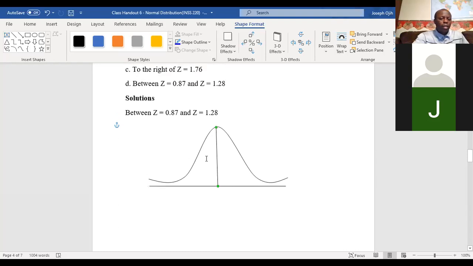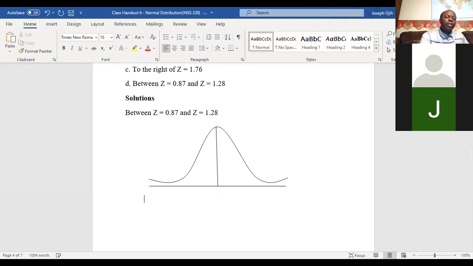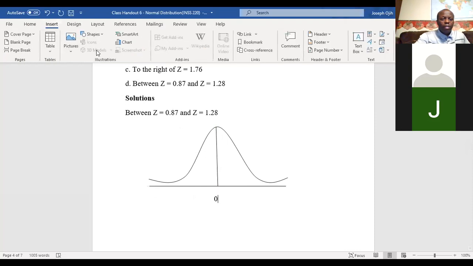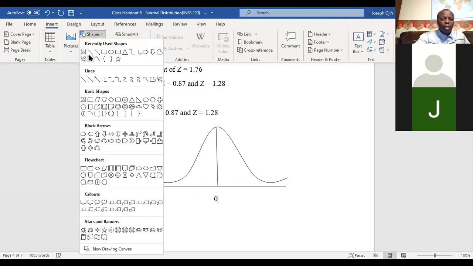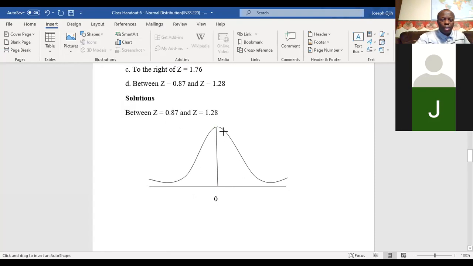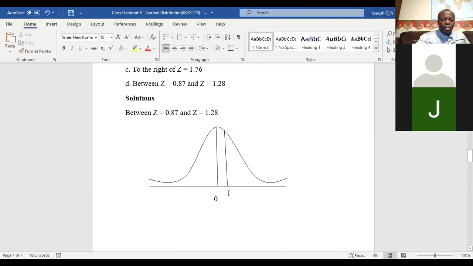Now, you see between these two values, remember the center is 0. Center is 0. So between these two, 0.87 positive. So I'm gonna put 0.87 here, and then this is 0.87, on the right side closest to 0. Let me bring this down so that you can be closer.